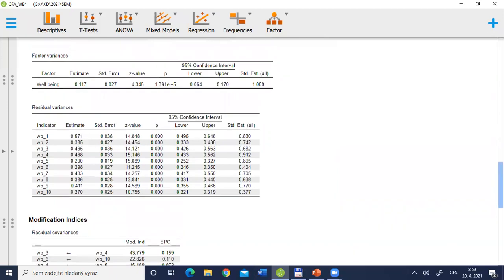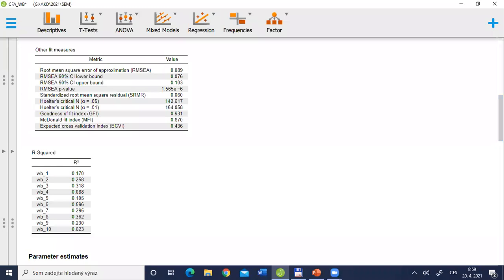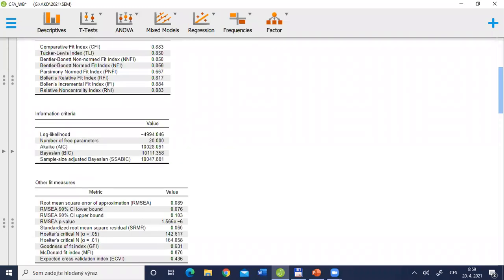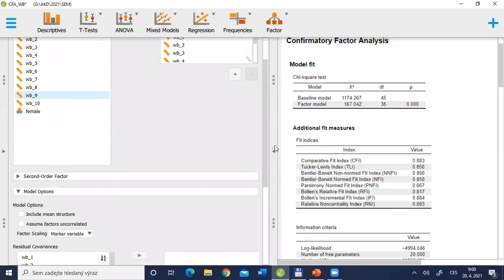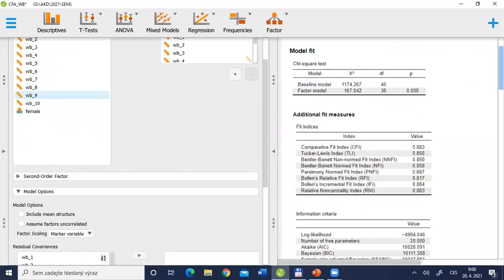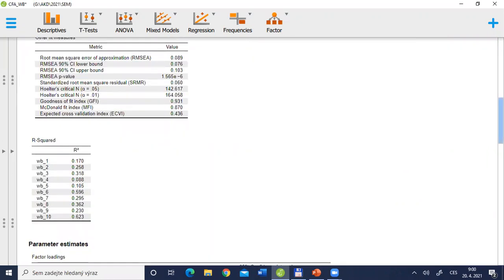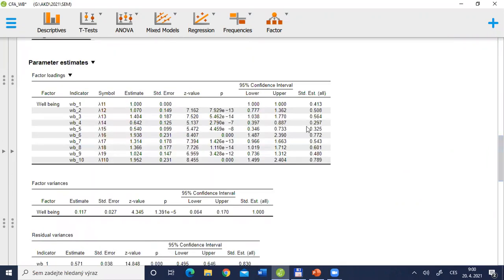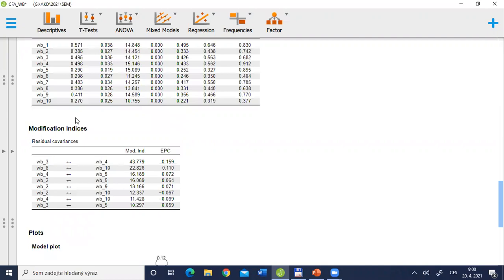So here we have a basic description. We know from previous discussion also that our model is not the best one according to CFI, TLI, RMSEA, etc. We know that maybe we could exclude some items, such as item number 4, number 5. It would help, but we could also ask for so-called modification indices.